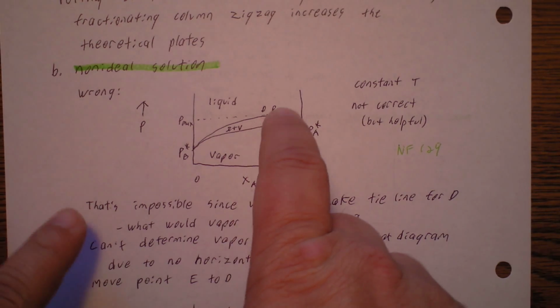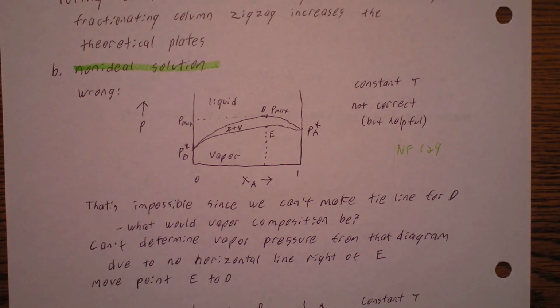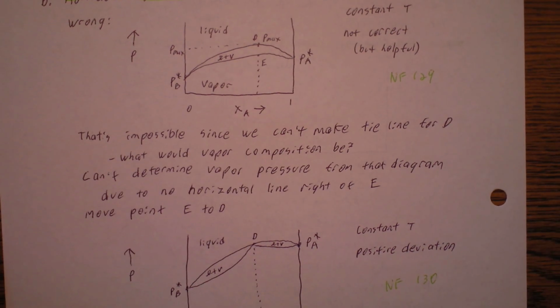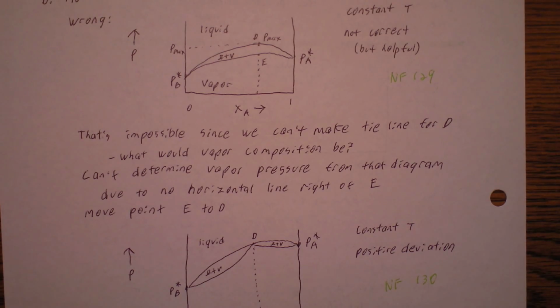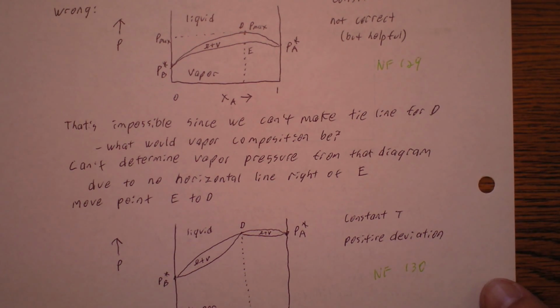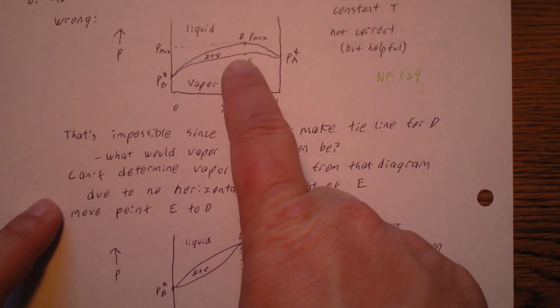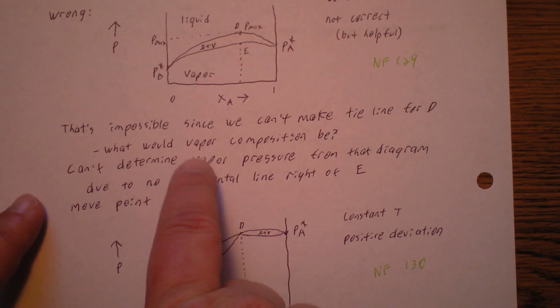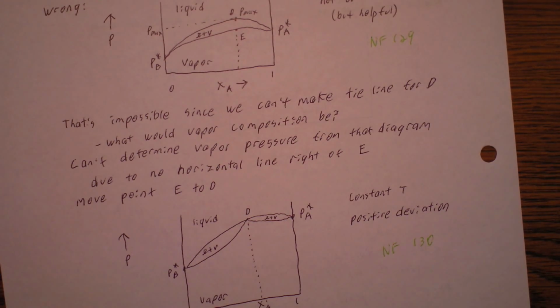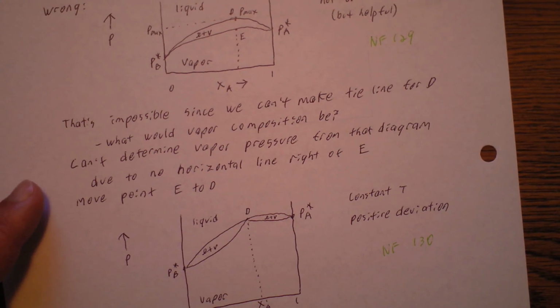If we try to draw a tie line, it's going to end up liquid on both sides of the tie line. That doesn't make any sense. So, based on a diagram like that, we can't determine what the vapor pressure is going to be, because there's no horizontal. Same thing with E. We won't be able to figure out the horizontal line, the tie line, for E either, so we won't be able to figure out the vapor pressure for that.